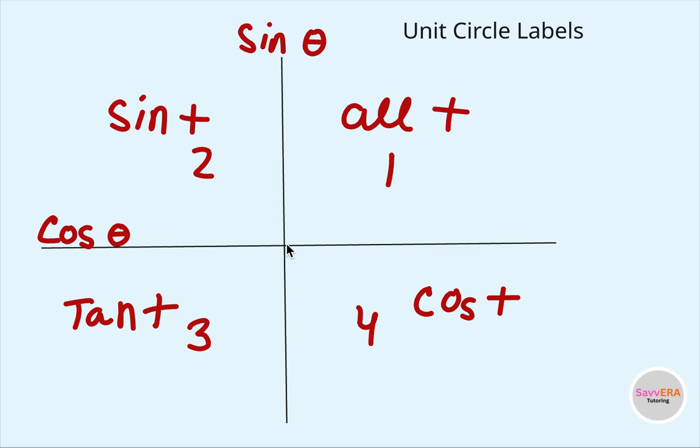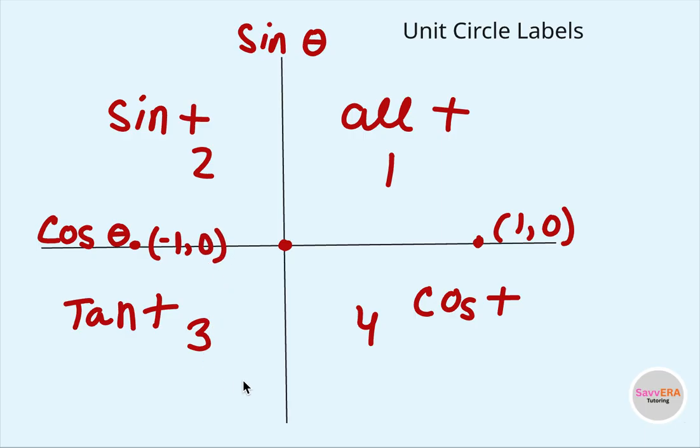And the unit circle always starts at the origin, and then it goes to 1. So the way we do that is we look at it and label this coordinate right here (1, 0). We label this coordinate, let's say over here, as (-1, 0).